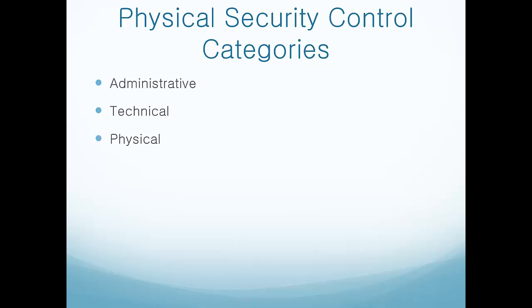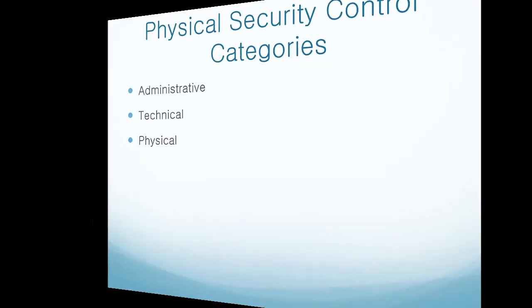These categories shouldn't be confused with the categories used to classify access control methods, because they were also categorized as administrative, technical, and physical. But physical security control categories and access control categories, in terms of their details, are quite different.